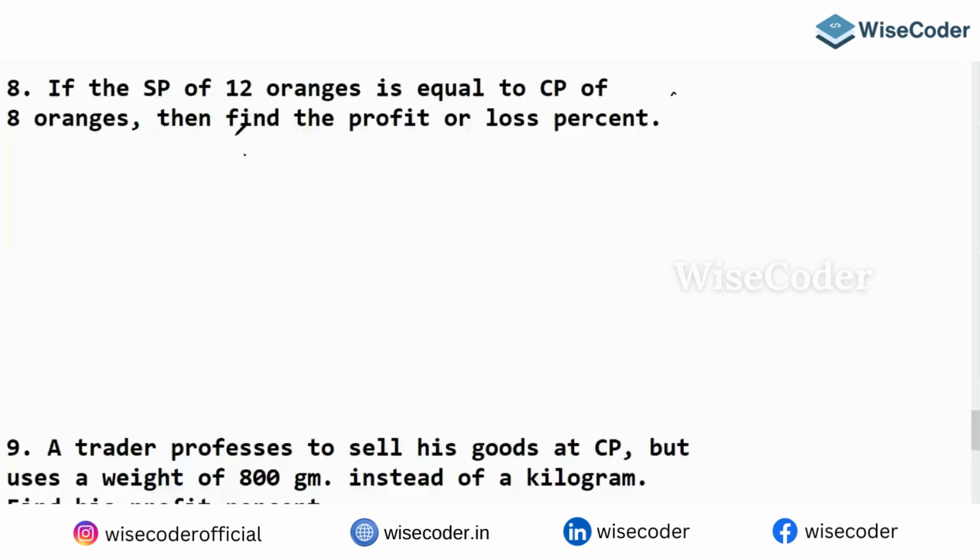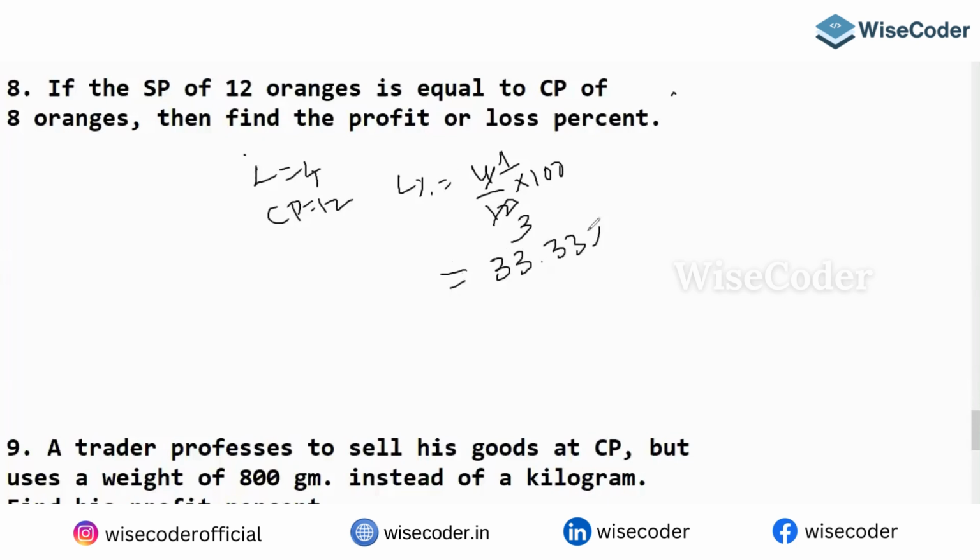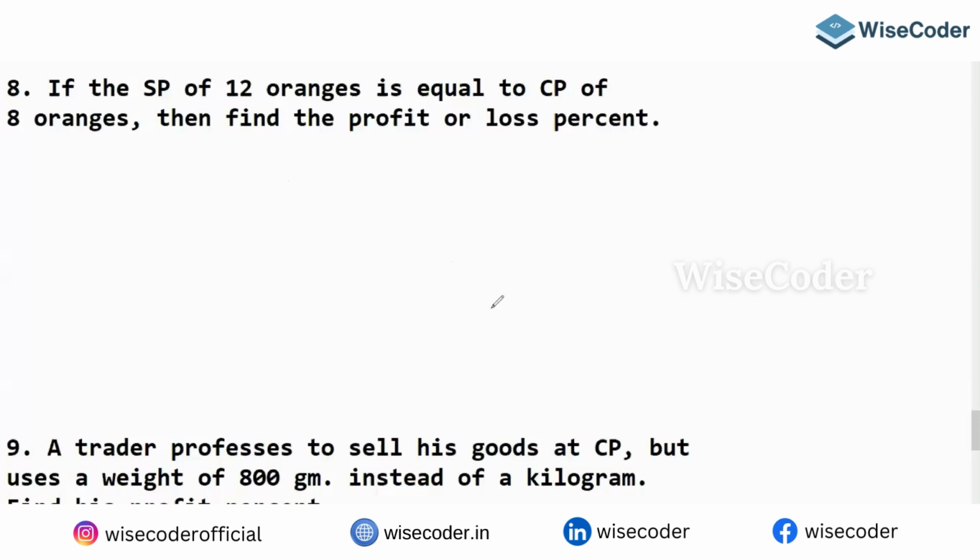So what is the difference? 4. So loss is 4. Your cost price is 12. So what is the loss percentage? 4 by 12 into 100, so 1 by 3. 1 by 3 is 33.33%.